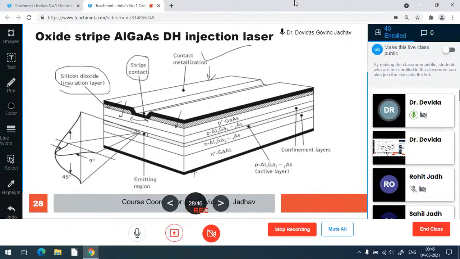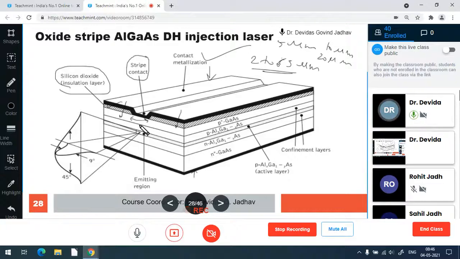This strip is of the order of 2 to 65 micrometers in most lasers, in some lasers it is 5 micrometer, in some 10, in some 20 micrometers. Special lasers are there, but generally it is 2 to 65 micrometers. Okay.